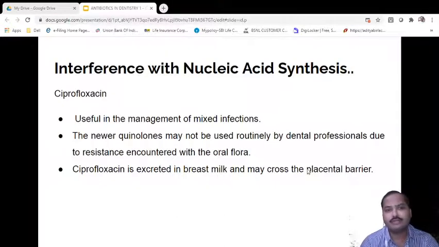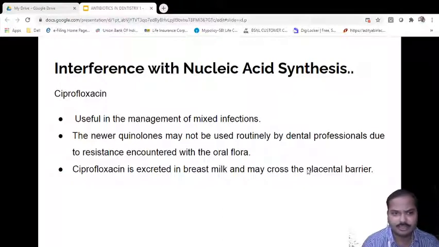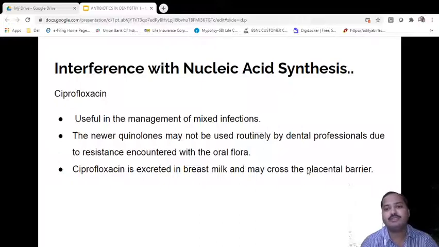The newer quinolones may not be used routinely by dental professionals due to the resistance encountered with the oral flora. Ciprofloxacin is excreted in breast milk and crosses the blood placental barrier. So it should not be given to pregnant women or nursing mothers except in cases of severe infections. They are also not recommended for prepubertal children.